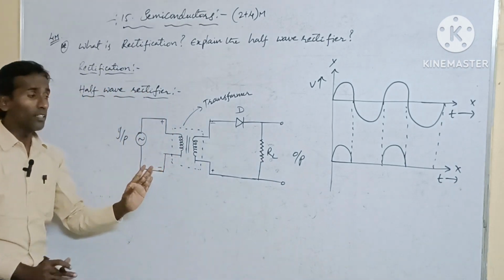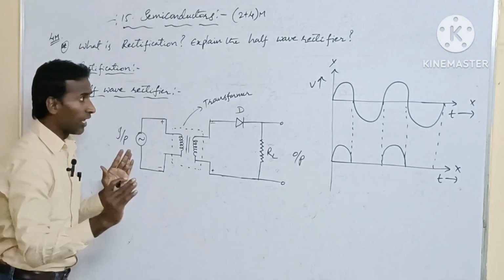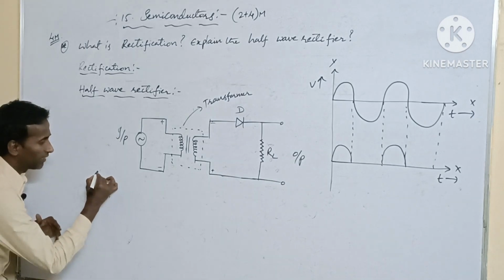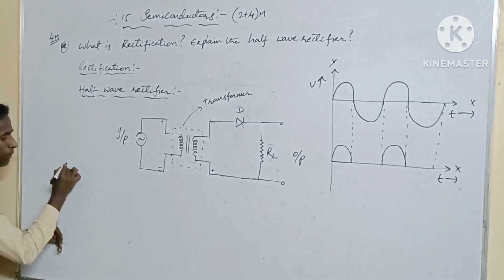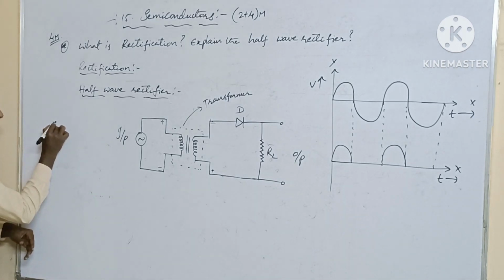Now, see here, we have efficiency. The efficiency of a half wave rectifier is denoted by the symbol eta.